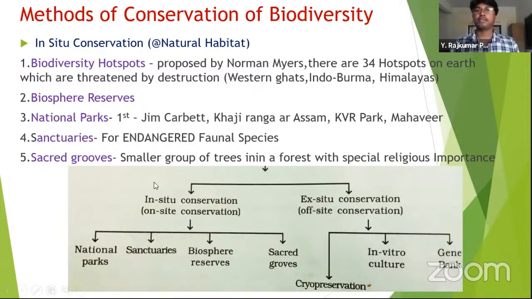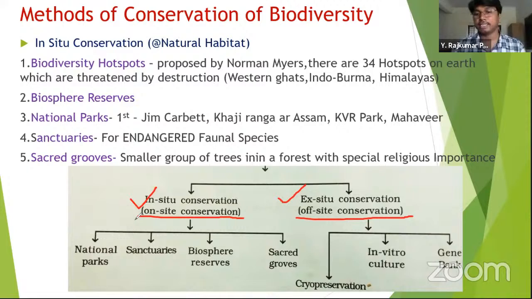There are two kinds of conservation: in situ conservation and ex situ conservation. In situ means in situation conservation. It is also called on-site conservation. Ex situ conservation means off-site conservation, because it is not the natural habitat of animals. If we are protecting at their natural habitat, it's called in situ conservation.